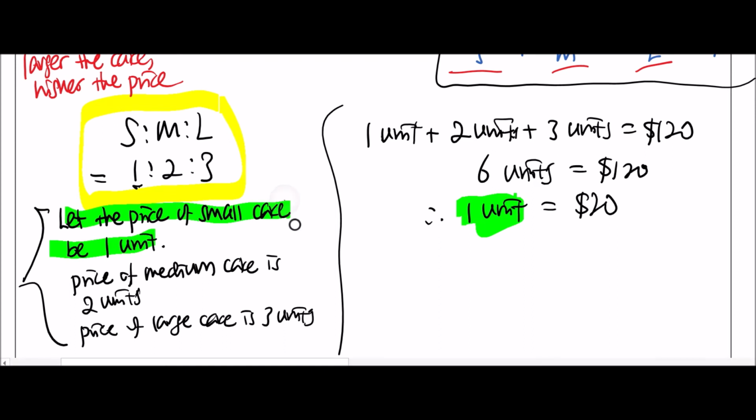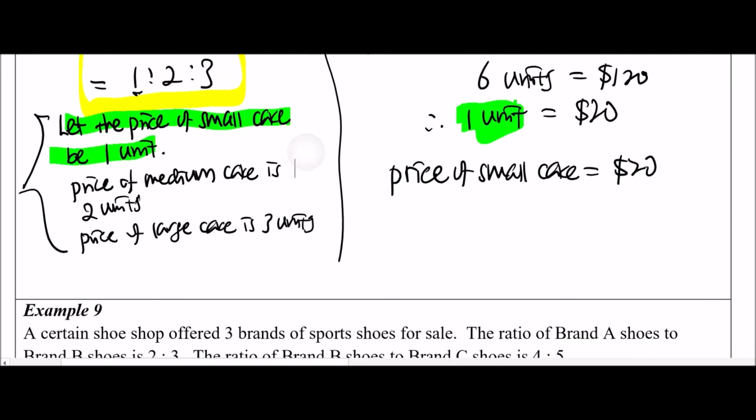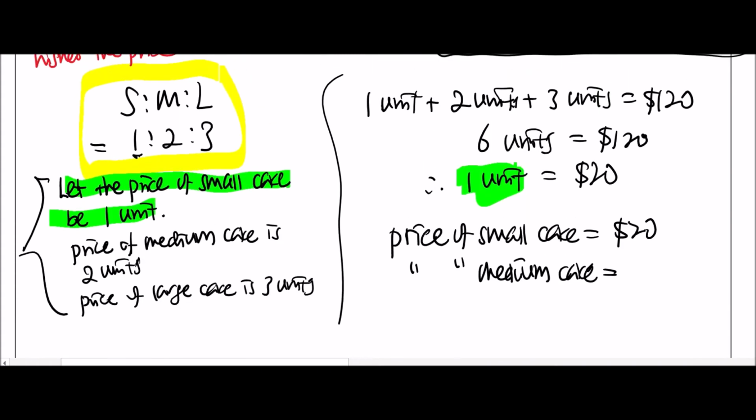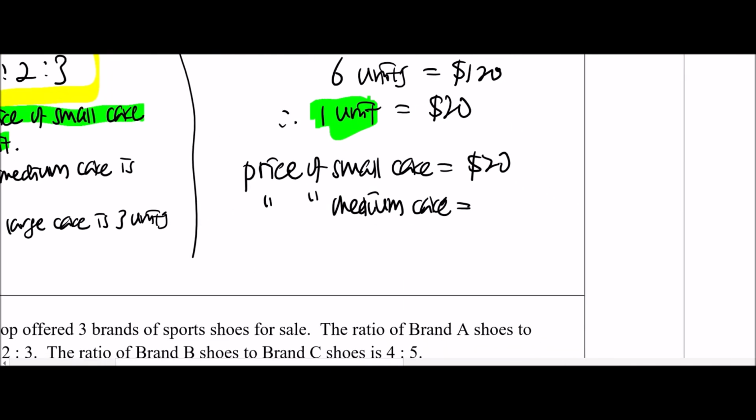So we are done. The price of the small cake is $20, right? And the price of the medium cake is 2 units, so it is 20 times 2, 40.